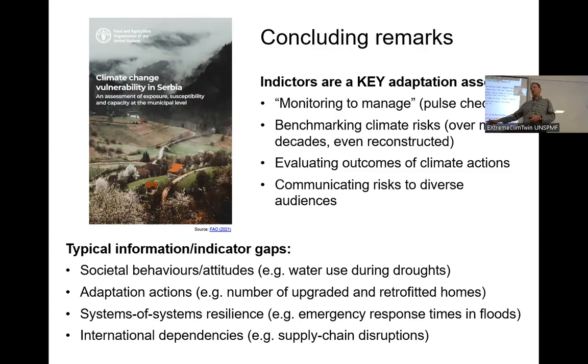So, for example, in the UK, we're increasingly dependent upon imported food. So the food security and the price of food is linked to these international supply chains, which are potentially disrupted by droughts and floods and other factors around the world. So understanding those national linkages is important too.